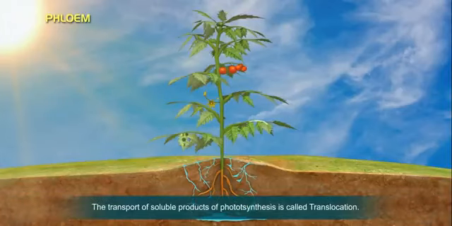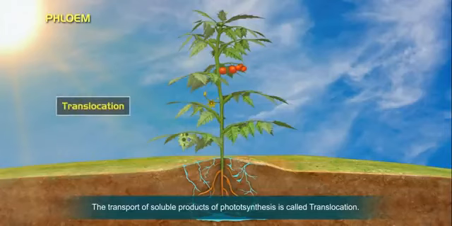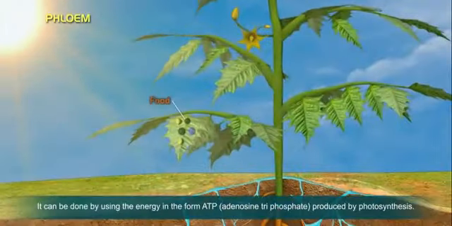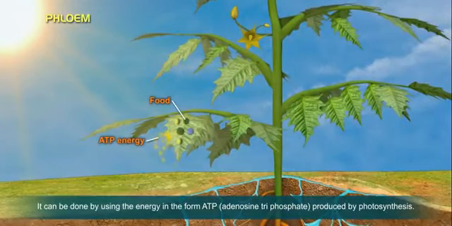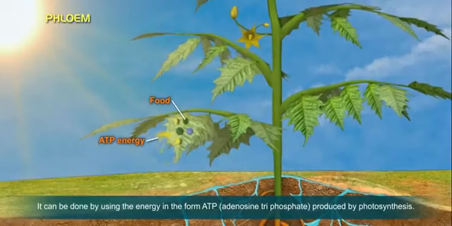The transport of soluble products of photosynthesis is called translocation. It can be done by using energy in the form of ATP, adenosine triphosphate, produced by photosynthesis.